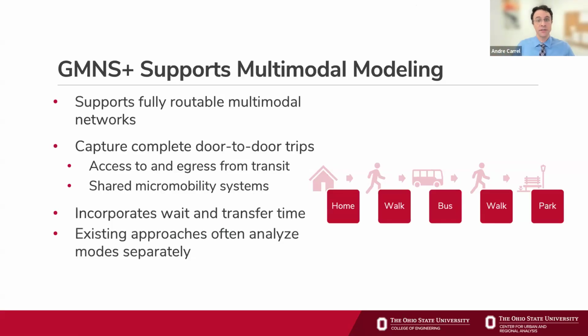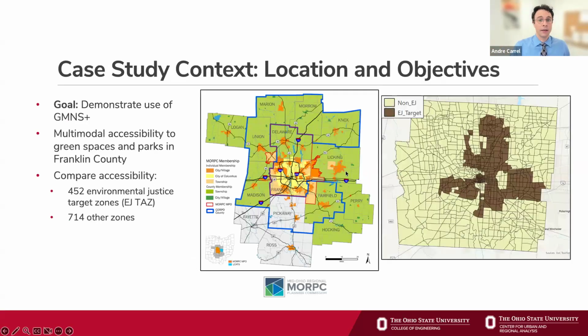And so, as we're going to discuss with the examples that we're looking at, in such intermodal trips, multimodal networks, we can incorporate things like wait times and transfer times between modes. And this sets it apart from existing approaches where oftentimes because of the siloed networks that we're working with, we end up having to analyze travel by different modes separately.